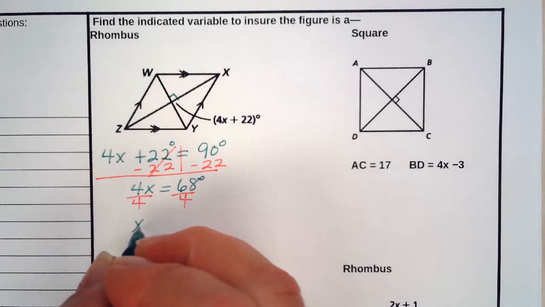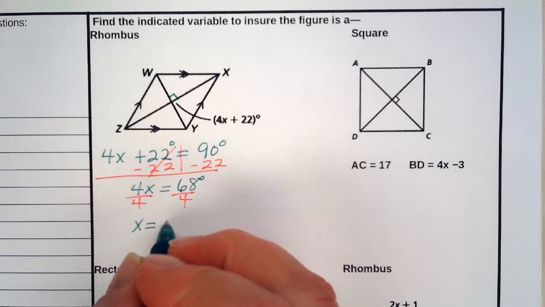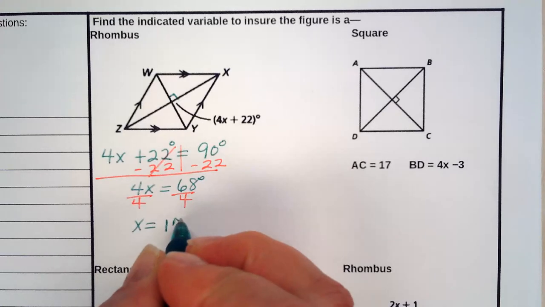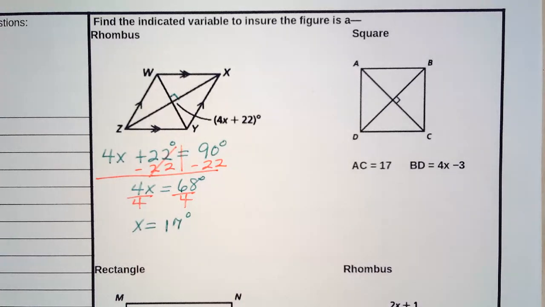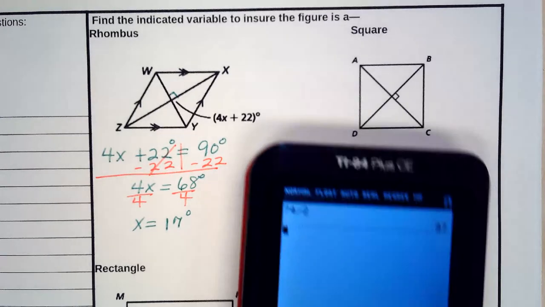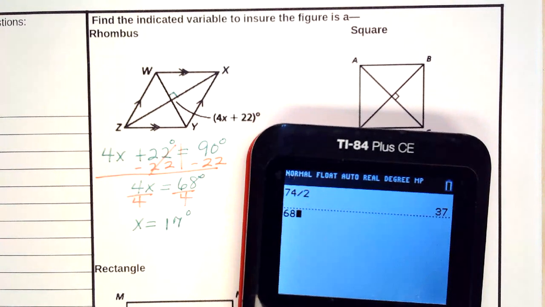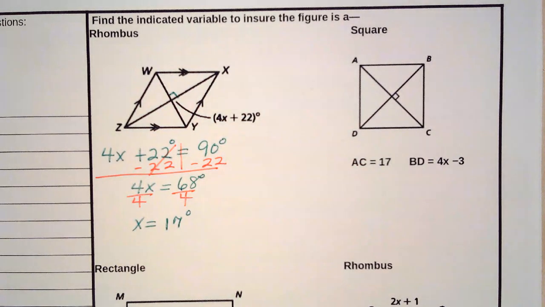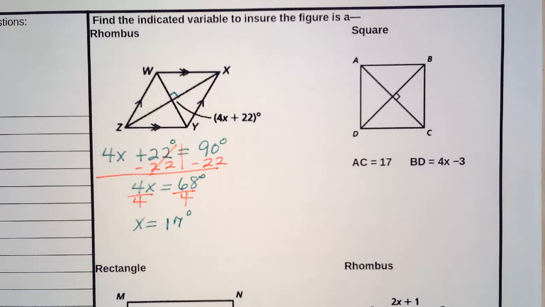And x has got to be equal to 17 degrees. Now, because my brain is saying, oh, that doesn't look right, 68 divided by 4 is 17. I double checked it with the calculator after doing it myself.